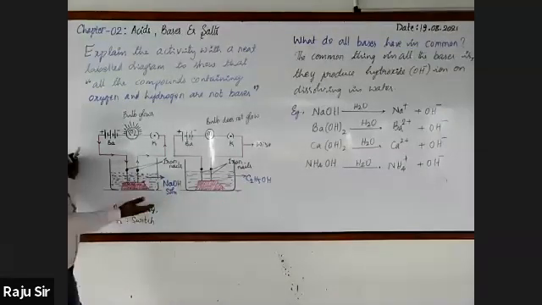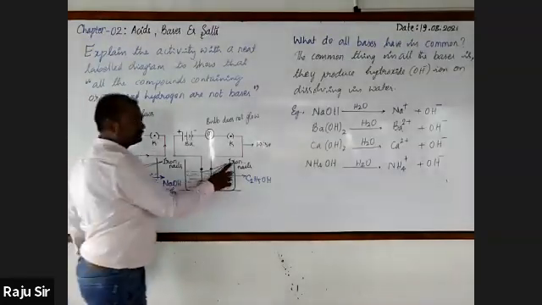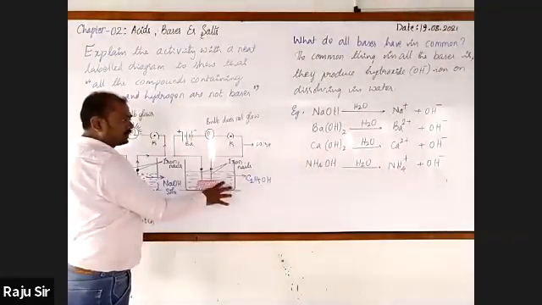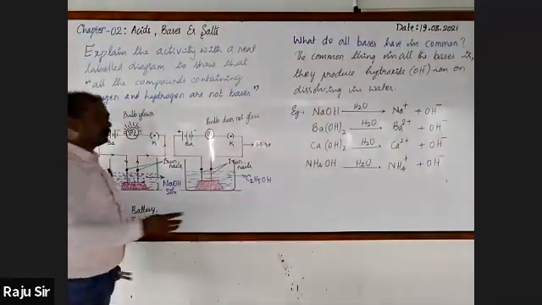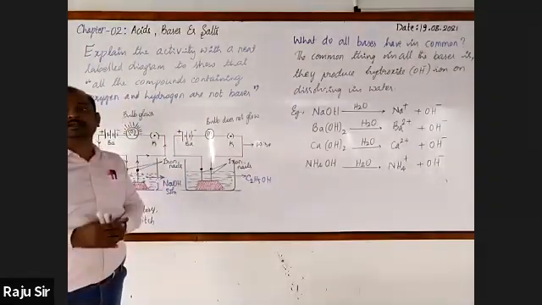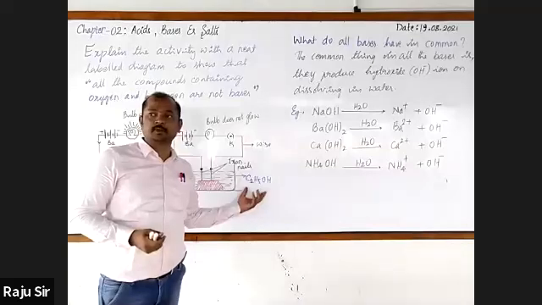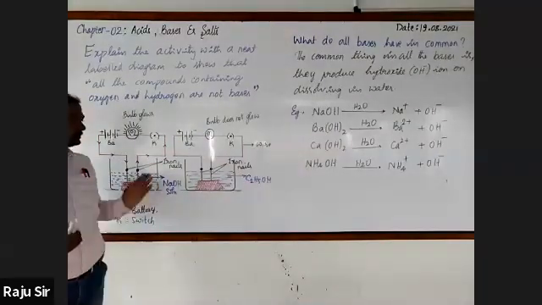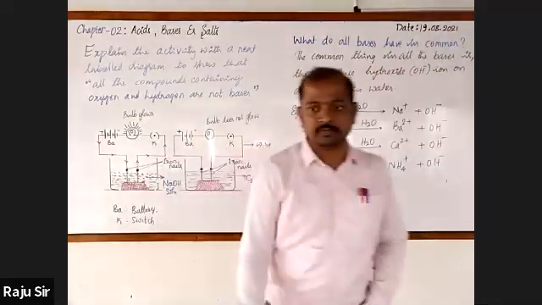So NaOH conducts electricity, therefore it is a base. Whereas here, C2H5OH, when taken in the electrolytic tank and switched on, the bulb does not glow, which means that C2H5OH does not conduct electricity. The reason is it does not produce ions. That is why it is not a base. Same figure, just change the names of the compounds.